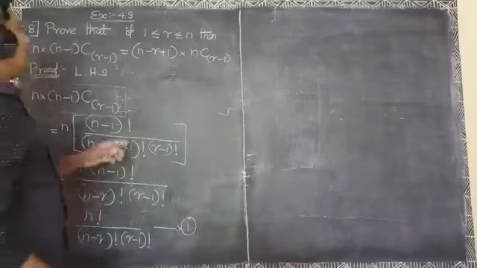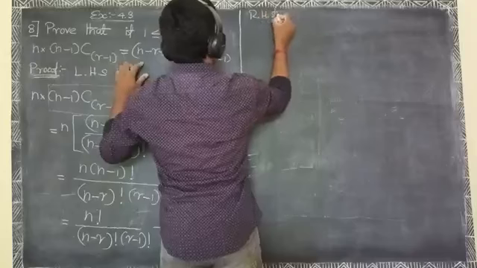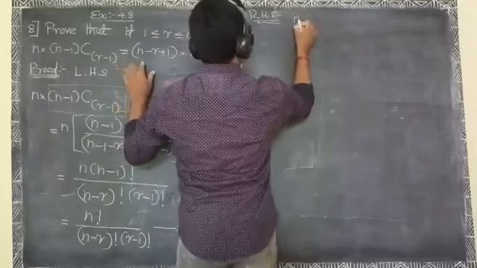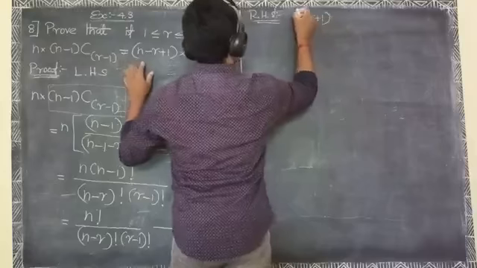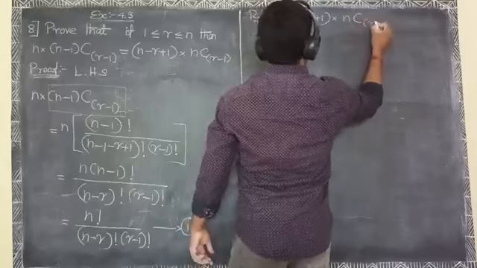Now we take the RHS, that is (n minus r plus 1) into nC(r minus 1).